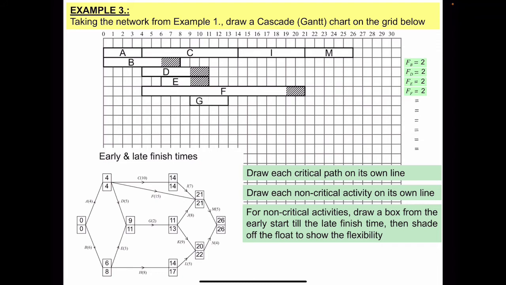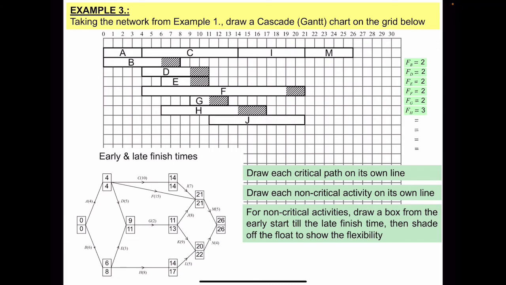Next one is G. G is 9 up to 13, but the float is 2. And now try to pause the video and finish it. I think I have 4 more activities, and then we can compare. So H was 6 up to 17 and the float was 3.